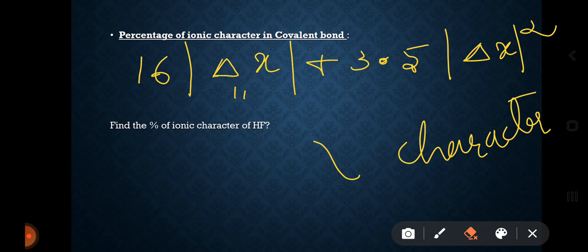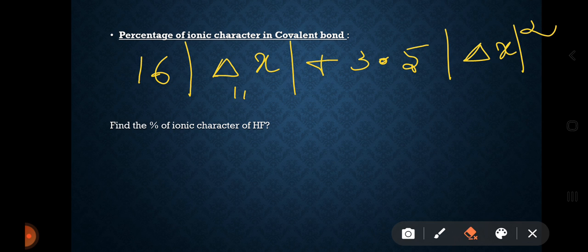Now let us solve the problem given here. Find the percentage of ionic character of hydrogen fluoride. The electronegativity of hydrogen is 2.1 and fluorine is 4.